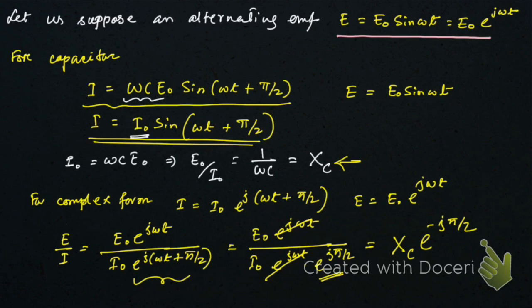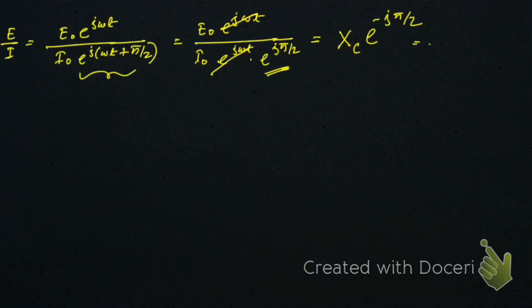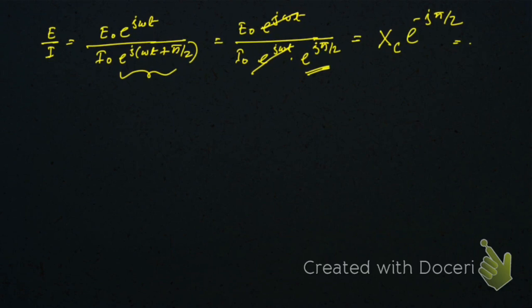XC is nothing but 1 by omega C. That's why you can write this one as so. Let me go to the next slide. Here is the last result that we have got. If you use e to the power i theta is equal to cos theta plus i sin theta, where instead of i we have j here, and if you have minus here, then this sign will be minus.